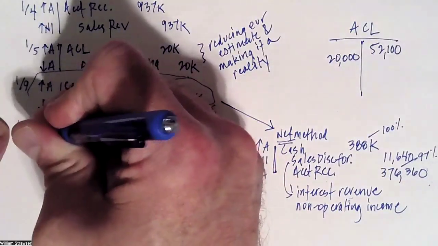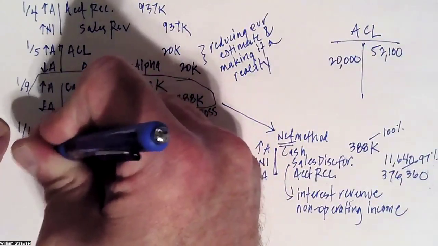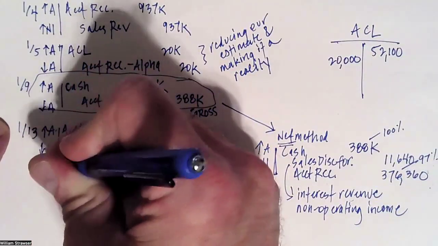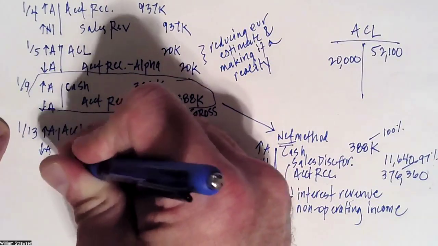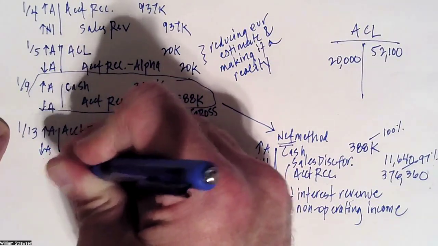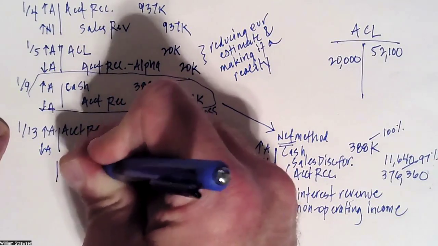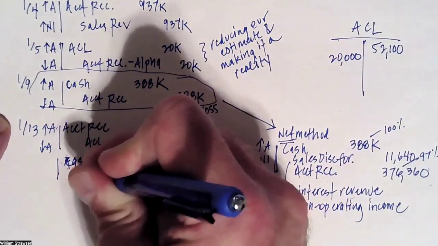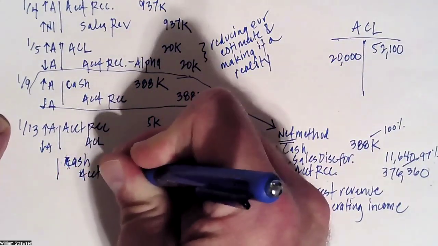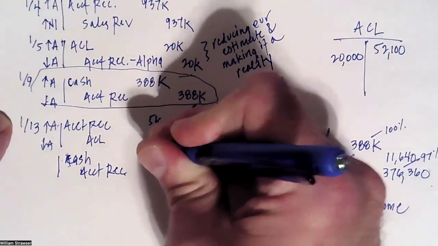And then the customer paid their account off. So when they pay their account, of course, we receive cash and we credit that account so that it's now zero.